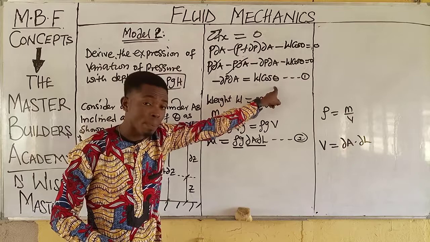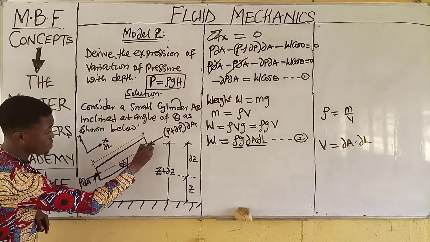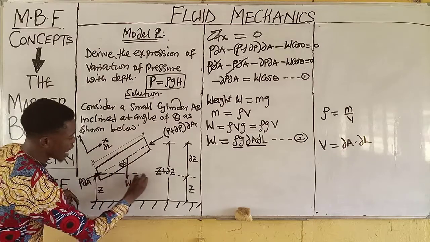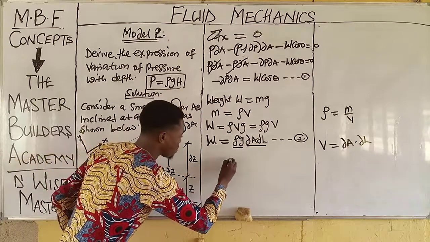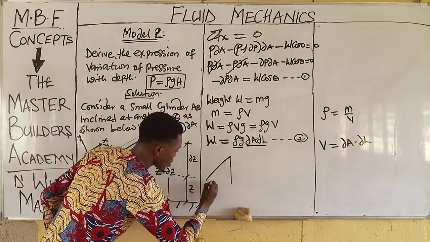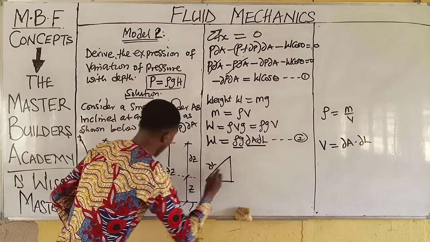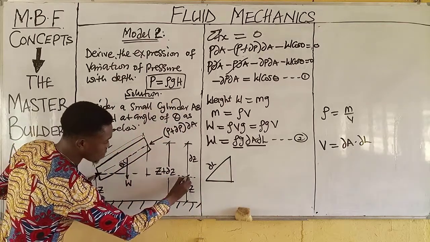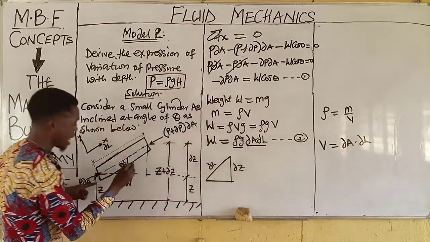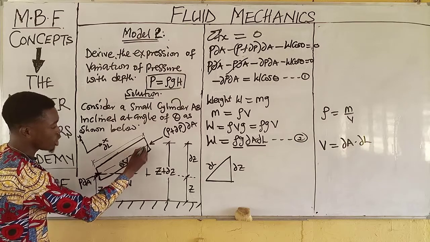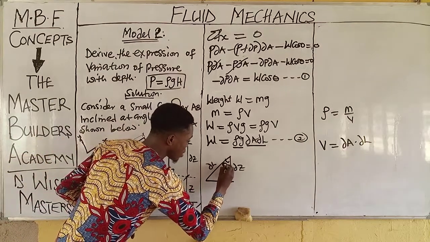Because we equally need to replace this cos theta. Now, I can draw this sketch. Remember that if this is an inclined line, from this end to this end, I can reduce it to a right angle triangle. This is the length, the L. From this end to this end is dz. The angle corresponding to this is theta.